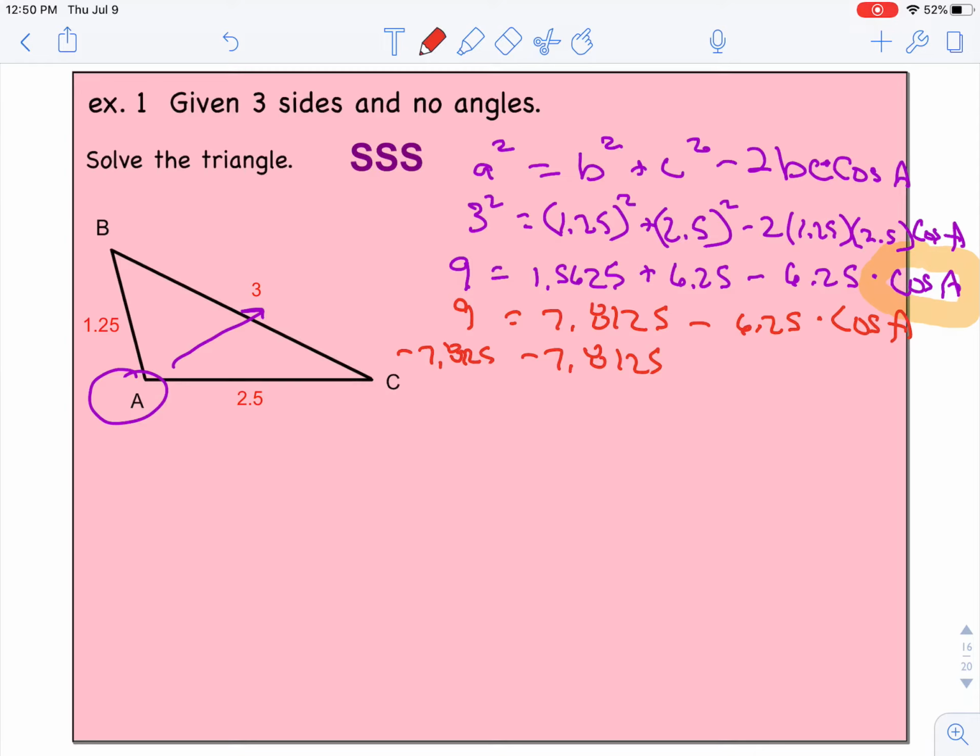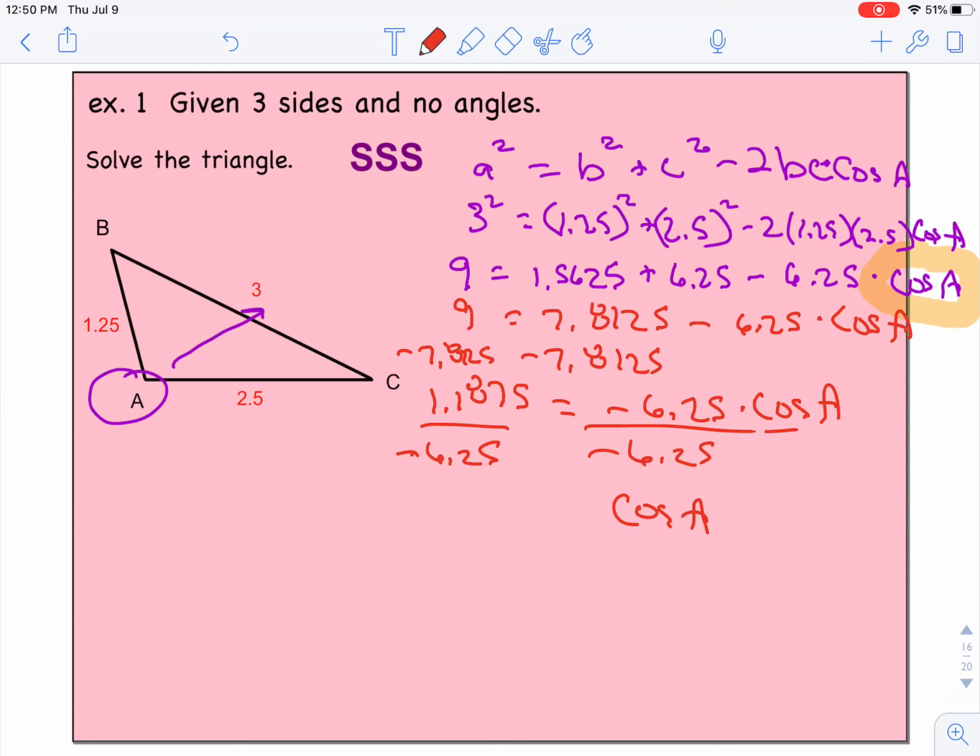So 9 minus 7.8125 gives me 1.1875 equals negative 6.25 times the cosine of A. Now I'm going to divide by negative 6.25. And that gives me that the cosine of that angle is negative 0.19.